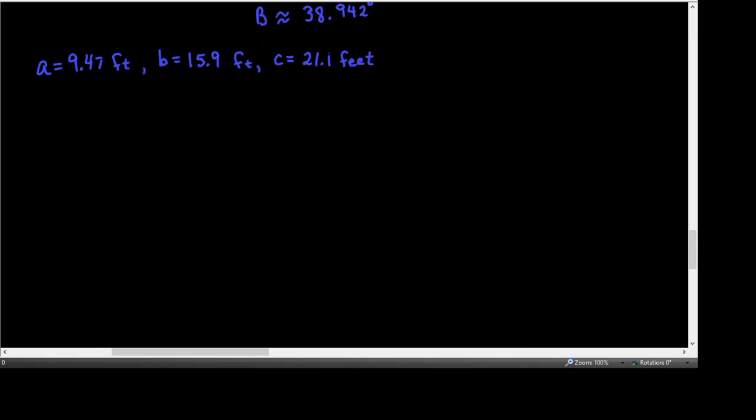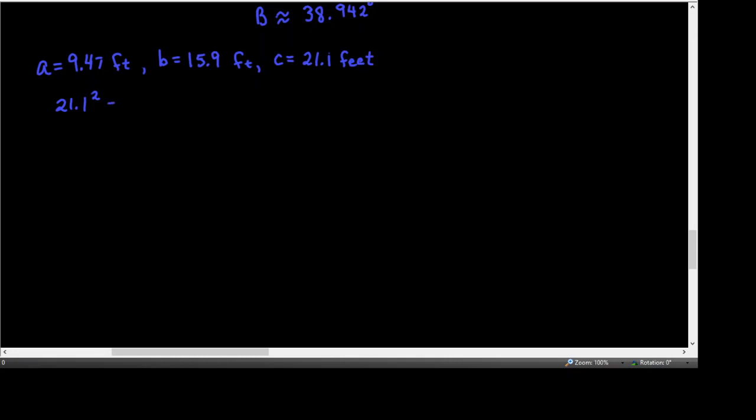Okay, so which angle is potentially obtuse? Well, evidently C is the longest side, so angle C. So let's use the law of cosines. Since it's side, side, side, that's going to be our go-to, just like it is for side angle side.